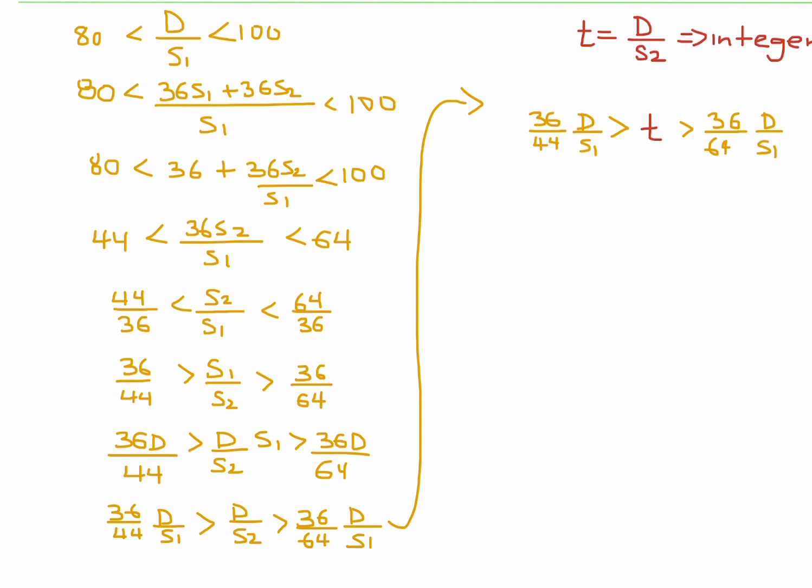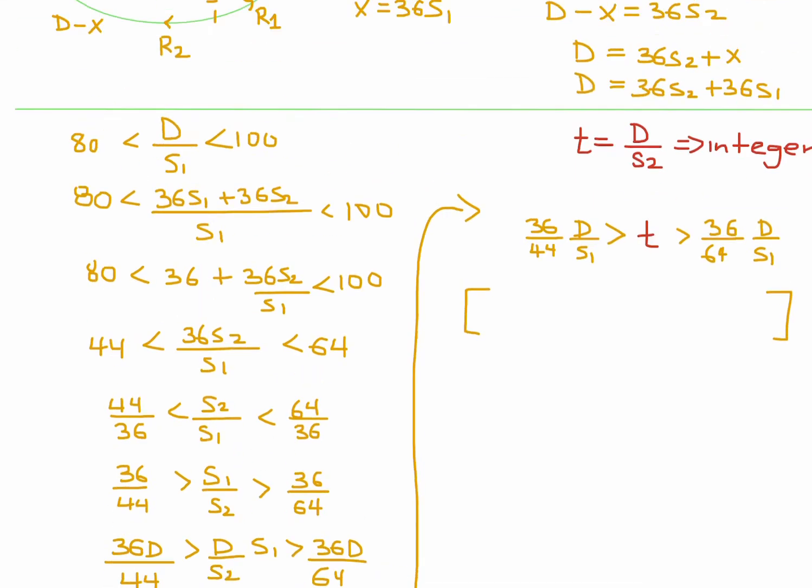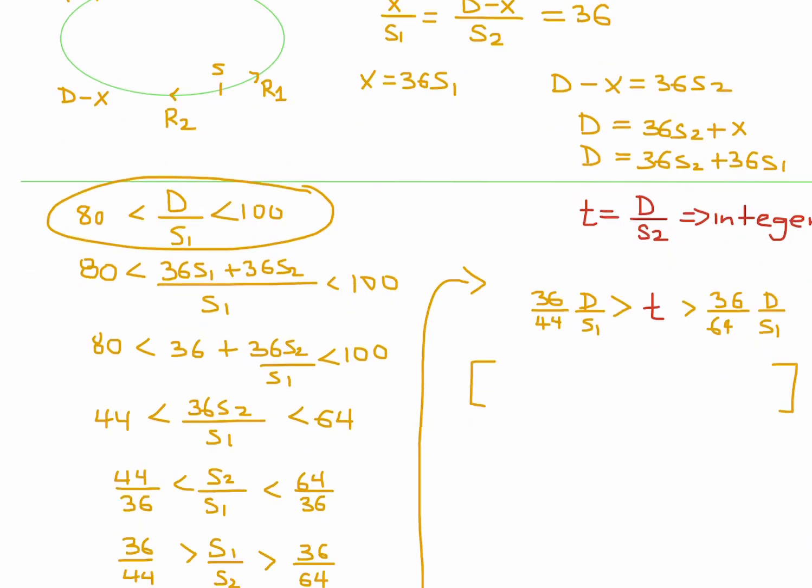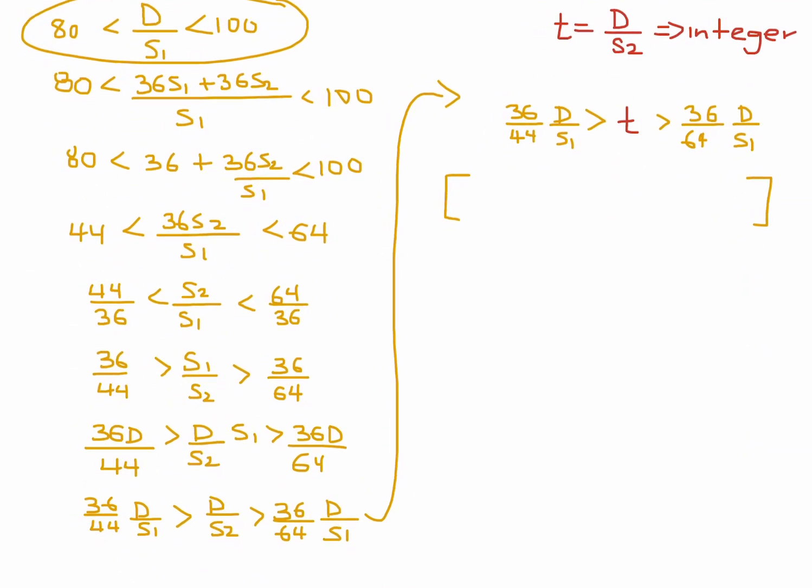Now, here's where we figure out the max and min for t. We've got two choices, right? If we remember in the question, up here, d over S1 is between 80 and 100. So what do I put here and what do I put here? That is probably a little tricky part of the question.